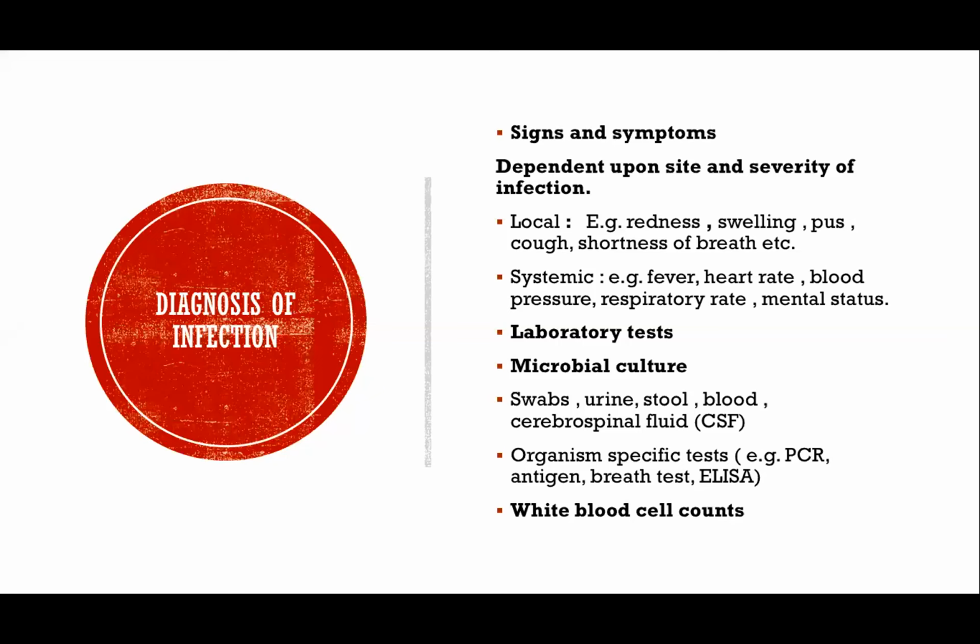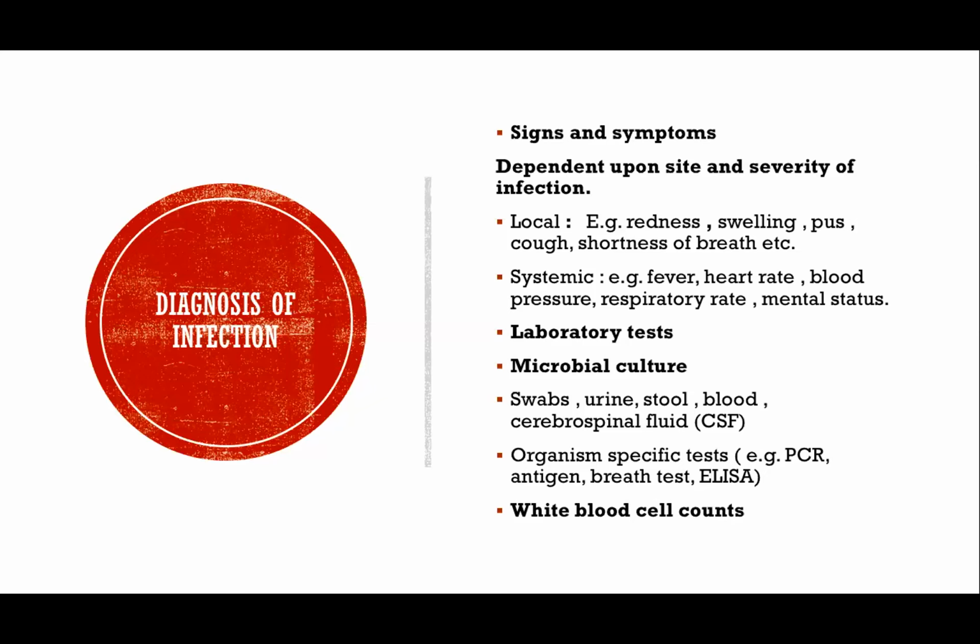If the system is involved, that means the patient has a severe infection, for example fever, heart rate, blood pressure, respiratory rate, and mental state. Especially in elderly people, one sign of infection such as a UTI is hallucination, and that may be a sign, so the patient has to go to the hospital and be checked for any infection.